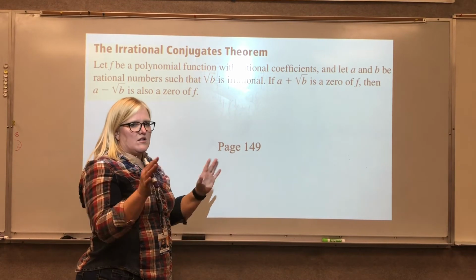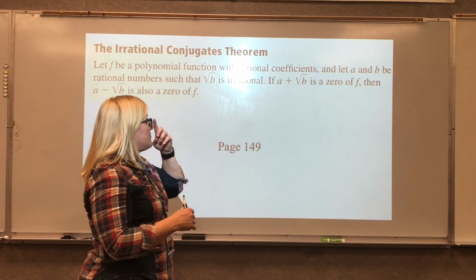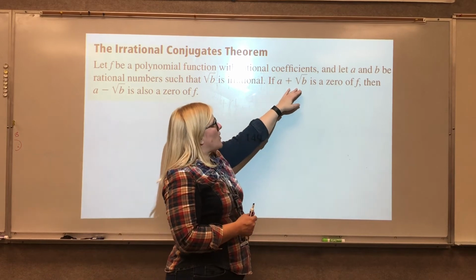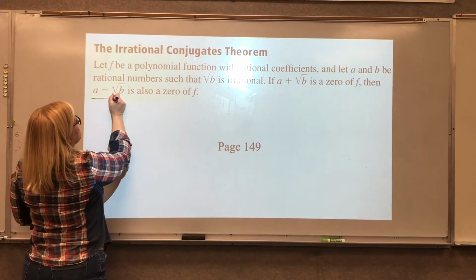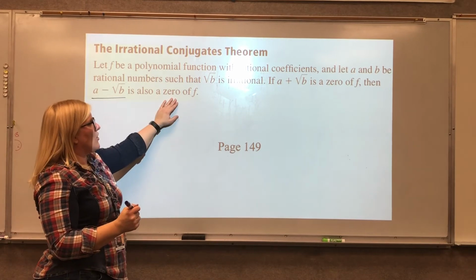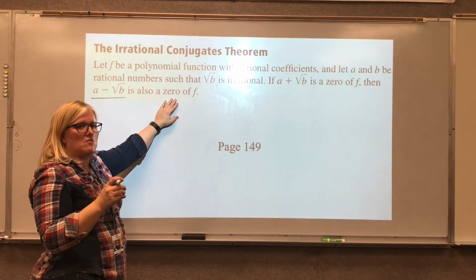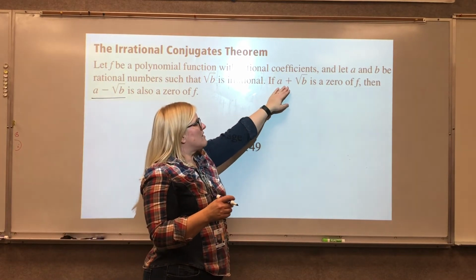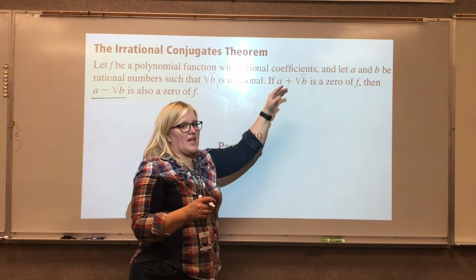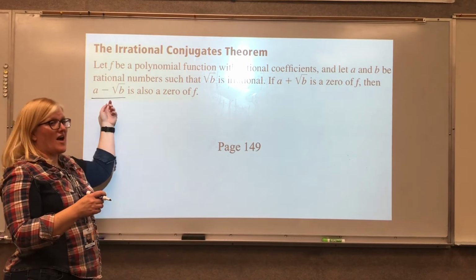So this is all math hoity-toity language. If a plus the square root of b is a 0 of f, then a minus the square root of b is also a 0 of f. That is the main part that you need to know, okay? So a plus the square root of b will always go with a minus the square root of b.